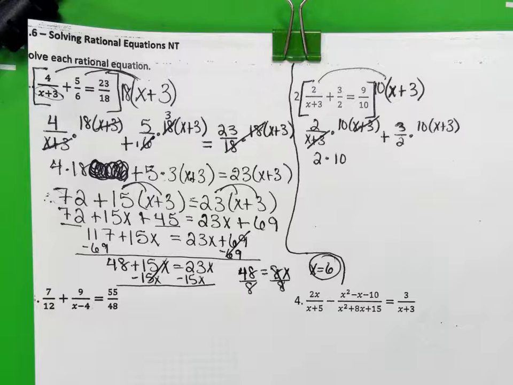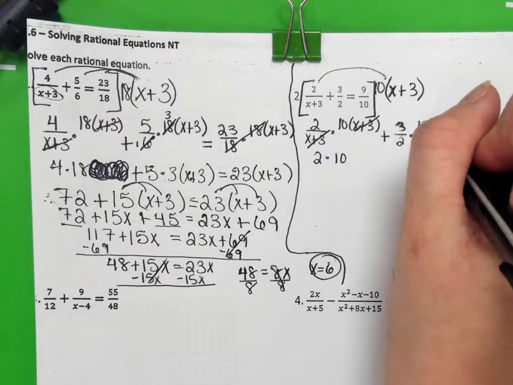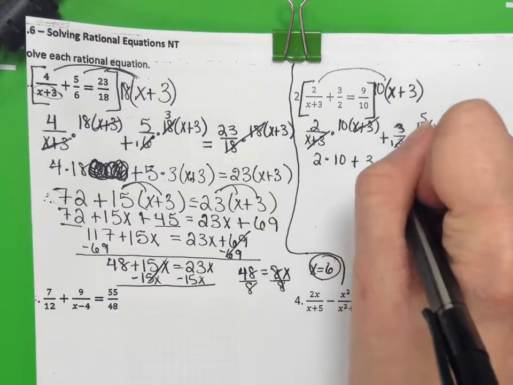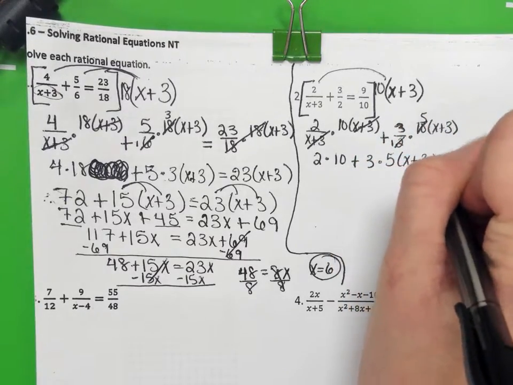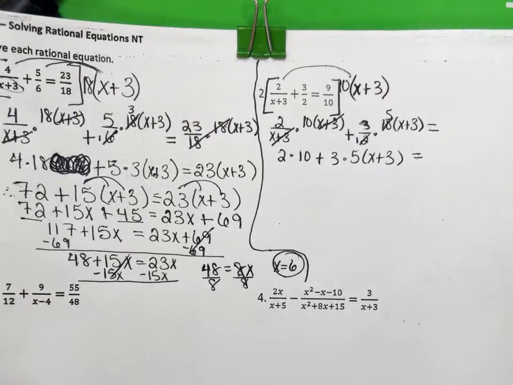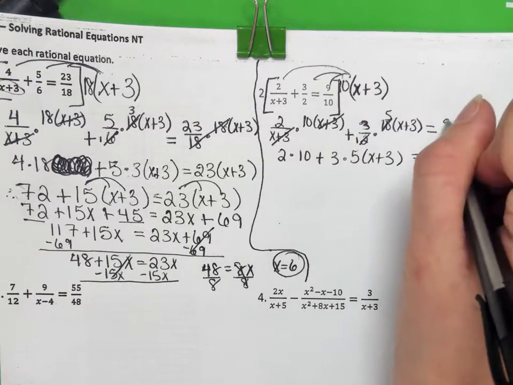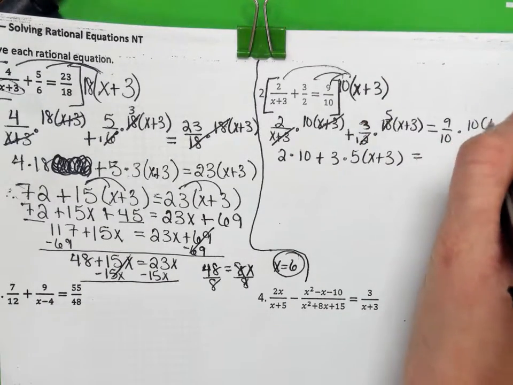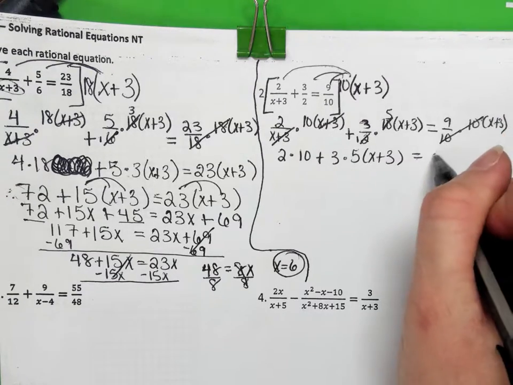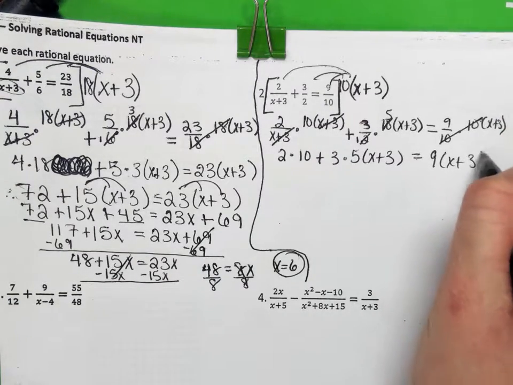So what happens to the 10 and the 2 on this one? There you go, 5 and a 1 sitting perfect. So you've got 3 times 5, x plus 3. And then the last one, you got 9 over 10 times x plus 3. What happens there? 10's cancel, so you've got 9 and x plus 3.